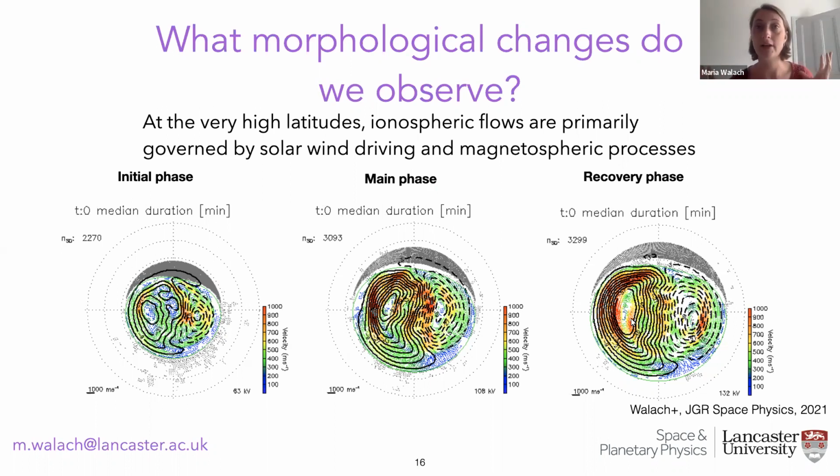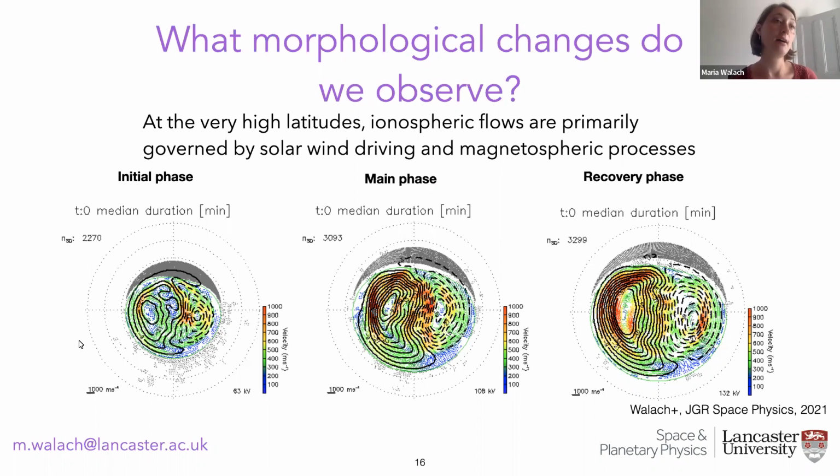These results are all published, and I have animations for this. We've looked at how the morphologies change throughout the storm, so you can go and read up about this if you're really interested. But I've just picked 3 stills here because I think this shows you some of the more interesting features, more crucially, how they change.